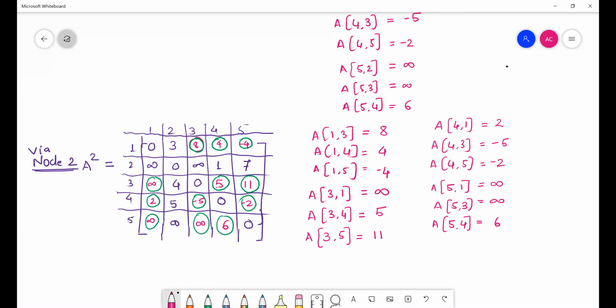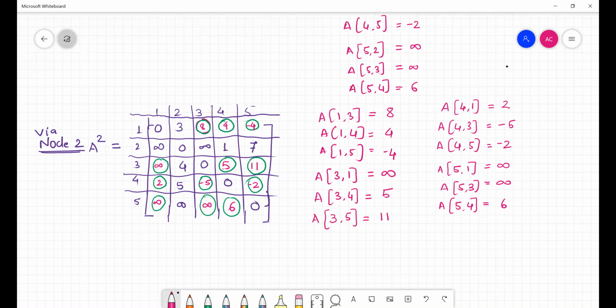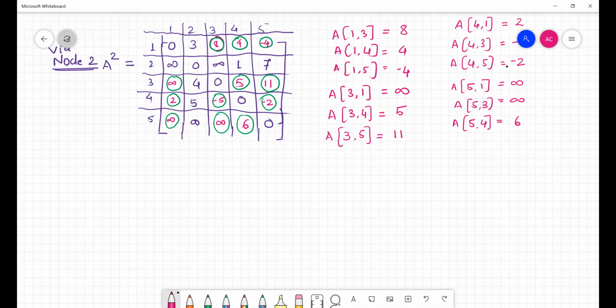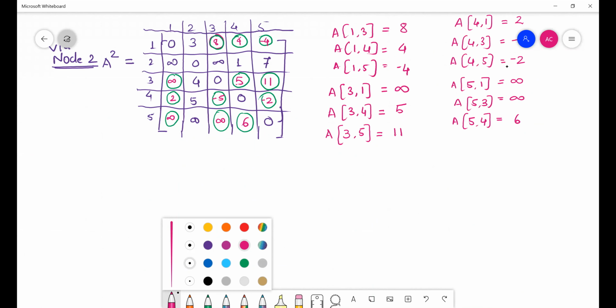Yes, sir. Got it. Now, using this, we'll calculate via node 3 now.